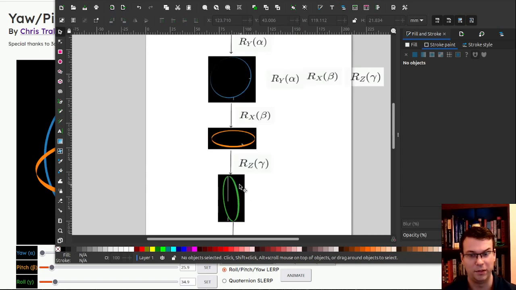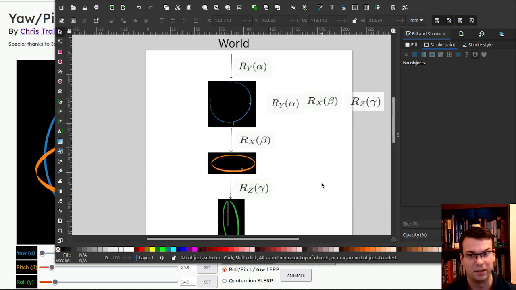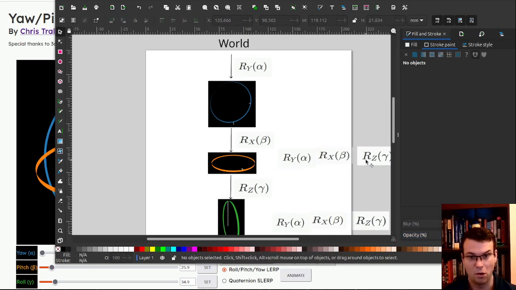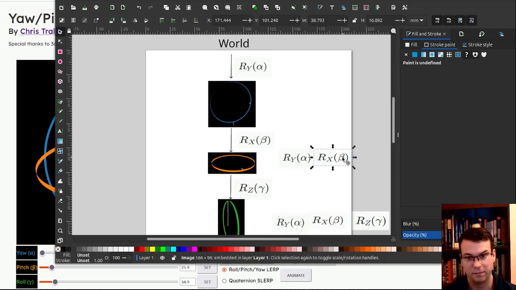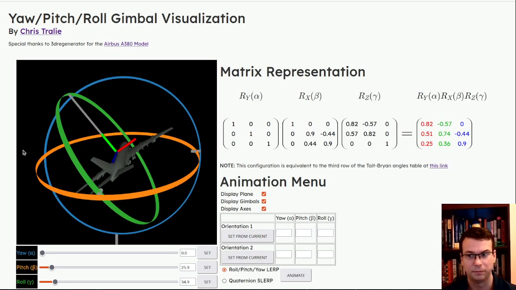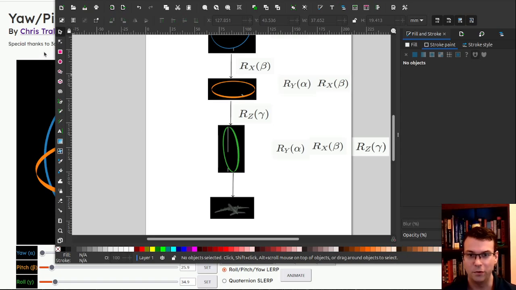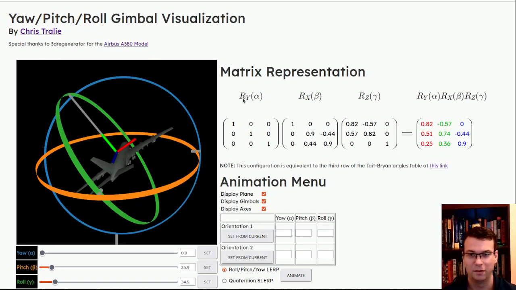So that's how I know how to display the green ring in world coordinates. That's all the way at the bottom here. If I wanted to display the orange ring in world coordinates, it would be Ry, Rx. That's actually what I'm doing in this animation here. And of course, if I wanted to display the blue, it's just Ry, that's all. So hopefully that convinces you why it goes y first, x next, and then z after that.